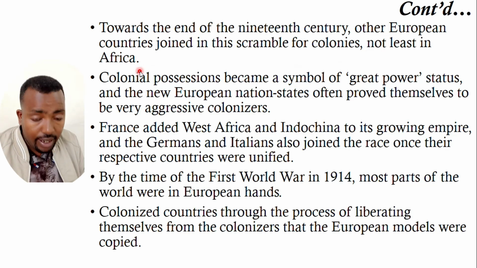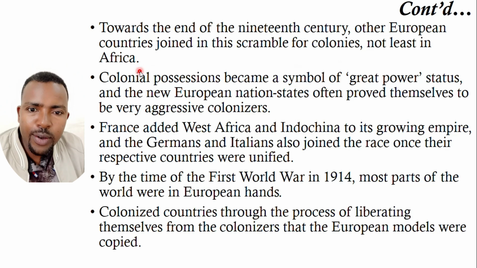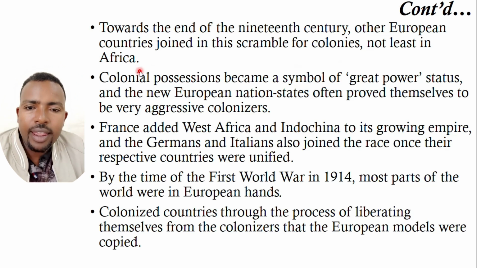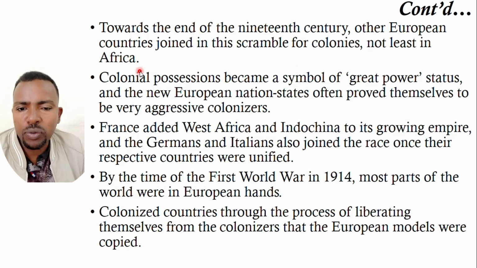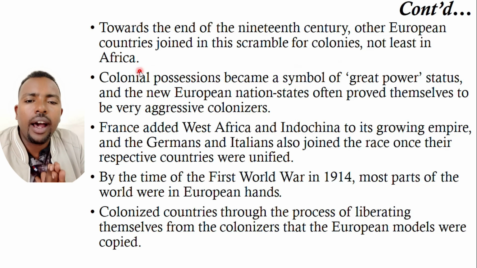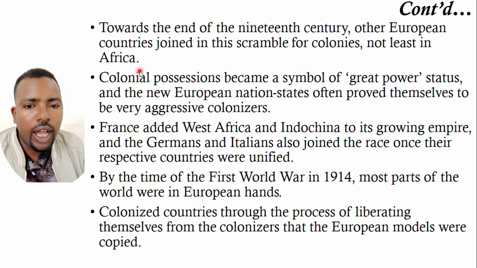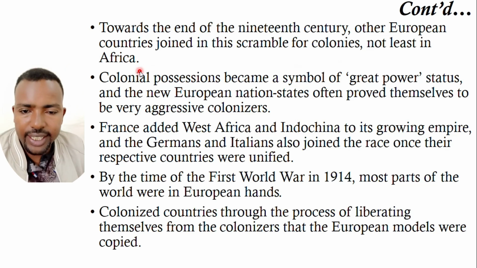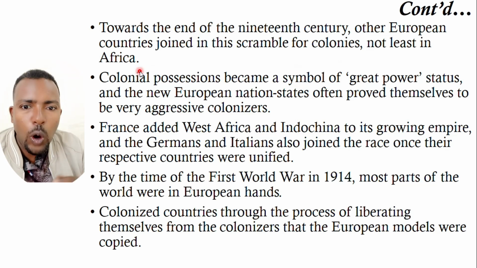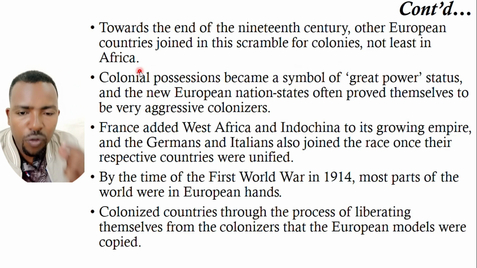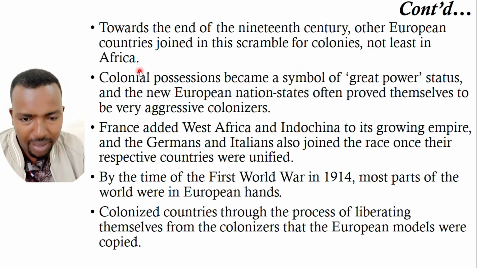So how could they get all the necessary inputs for their production? They had to colonize other countries where resources are affluent, where labor is cheap and markets are extensive. This went to other countries like Asia, Latin America, North America, and even Africa. So the colonization of Africa and other parts of the world came at this point.